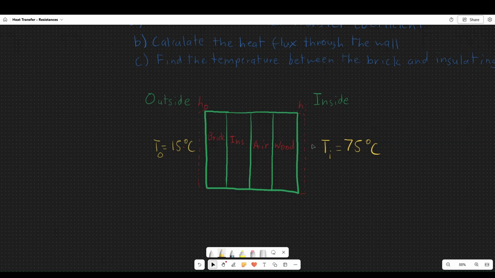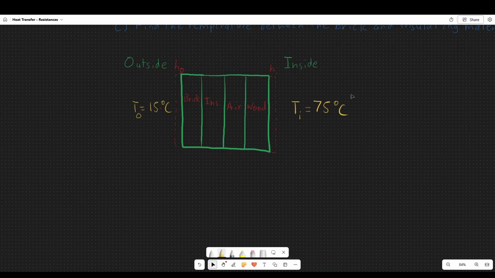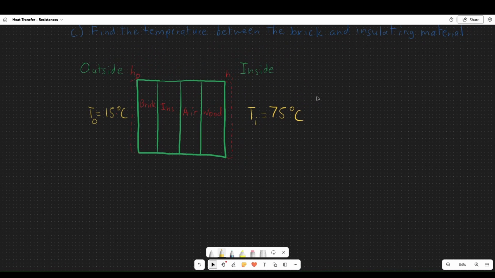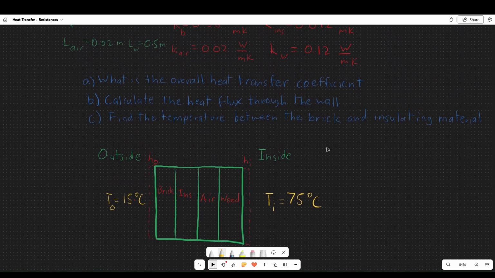And so we have all the parameters in this drawing that we need. And I think an important thing to note is that this is all steady state, so we're not dealing with things changing as time goes on. So these temperatures are constant, the properties aren't changing with time, and we have a steady flow already going through this material.